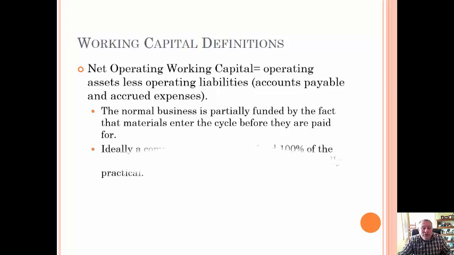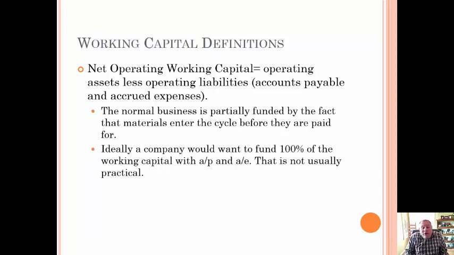Ideally, a company would want to fund 100% of the working capital with accounts payable and any accrued expenses. Now, that's not usually practical because if you're paying somebody in 30 days, it generally takes more than 30 days for the cycle to run.